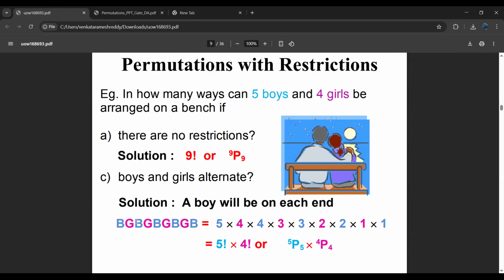G. There are four girls. These four girls can be varied with respect to their positions, because this girl can be moved to this position and that position. Like that, four girls can be arranged in 4 factorial ways. So that is 5 factorial into 4 factorial.